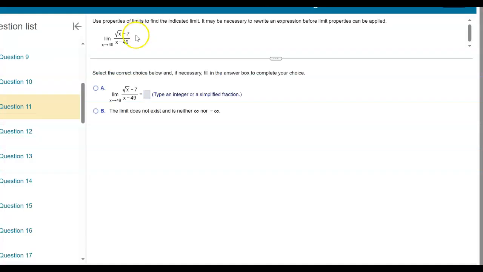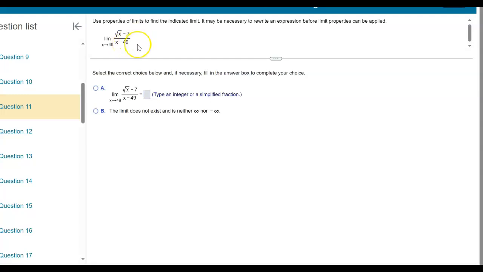Next number, we are given this expression and we are to evaluate the limit as x approaches 49. Notice that if you replace x here by 49, the square root of 49 is 7. So 7 minus 7 is 0. And likewise, if you plug in 49 in the denominator, you have 49 minus 49.